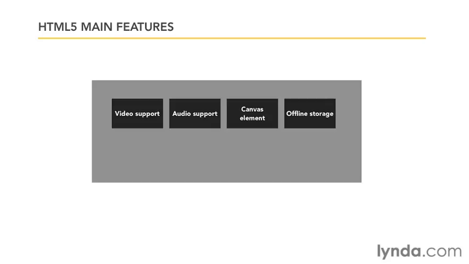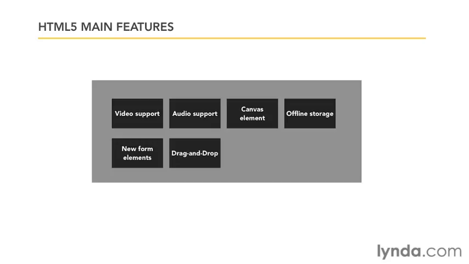So websites can actually store a significant amount of data, meaning they can be used without a connection. There's a whole lot of new form elements for building better forms. There's drag and drop support, built-in abilities to drag and drop items not only within your own pages, but actually between websites. There's geolocation, understanding of latitude and longitude built into the language, and local storage, being able to store more than just simple cookies.